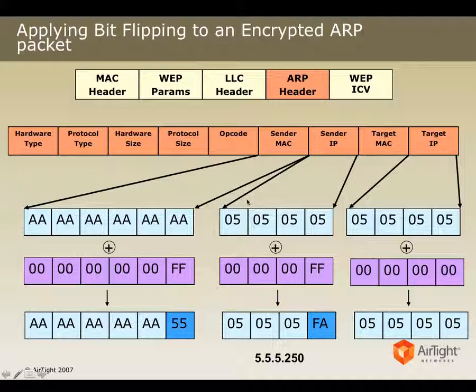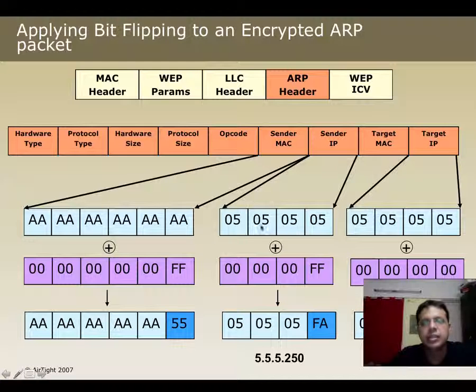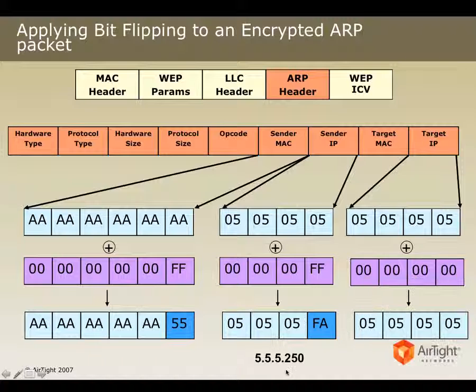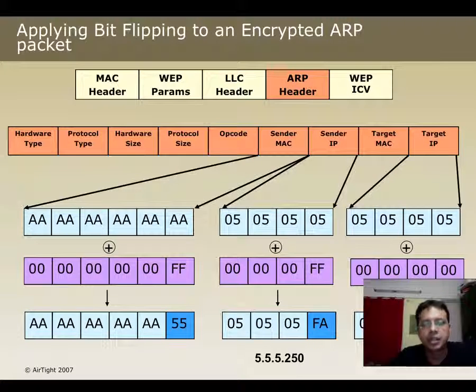What happens because of this is that the least significant byte of the IP address changes, and this becomes 5.5.5.250, which typically is in the same subnet. And hence the original Gratuitous ARP packet changes into an ARP request packet sent by 5.5.5.250 for 5.5.5.5. And hence the victim ends up responding by saying, well, 5.5.5.5, that's me, and this is my MAC address.